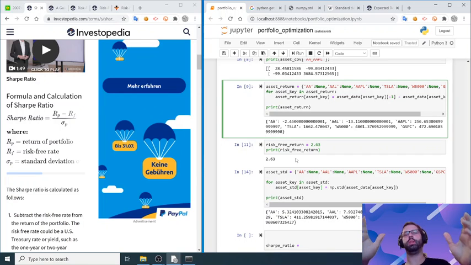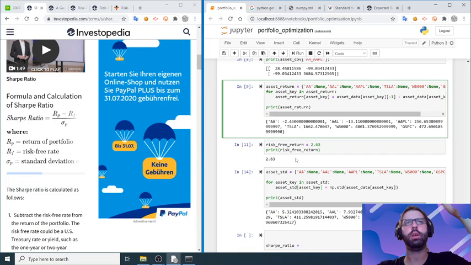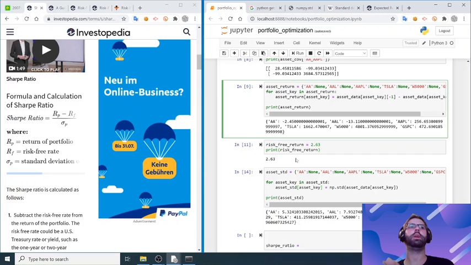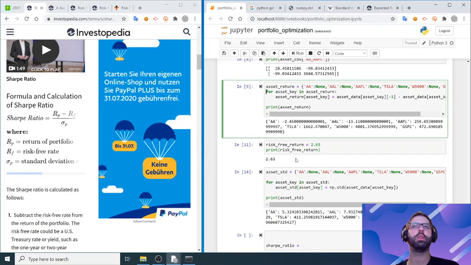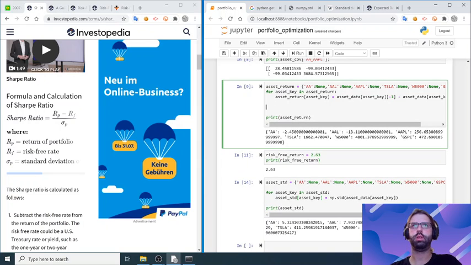I would probably need to build a function where, given an actual vector of weights, it can calculate what the return of the portfolio is, because then it's proportional to the weights in there, right? So all asset return.